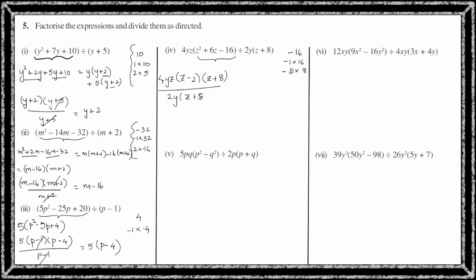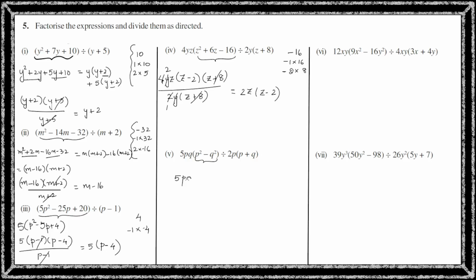Now I'm going to cancel out the common factors. Y is common, z plus 8 is common, and 2 ones, 2 twos. So I have 2z into z minus 2. That is the answer. Next I have, now this is the identity that we have looked at.